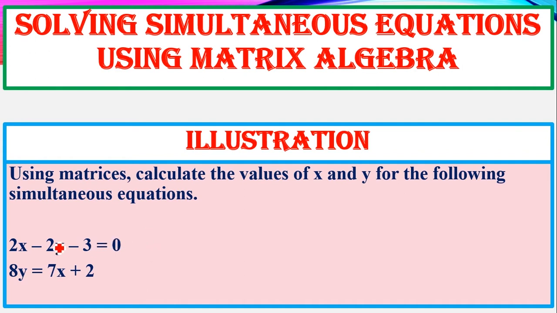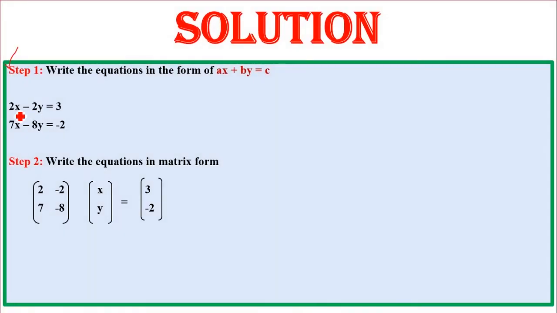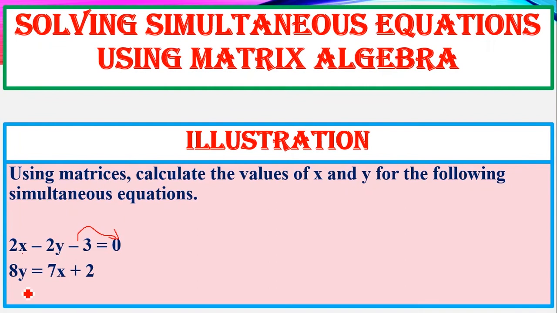How do you go about that? You take the 3 because it's a whole number there, then you remain with 2x minus 2y equals; when this negative 3 comes to the other side, it becomes positive, so we have 2x minus 2y equals 3. Then on the other one, we have 8y equals 7x plus 2.